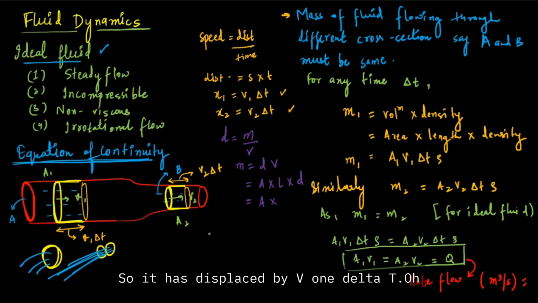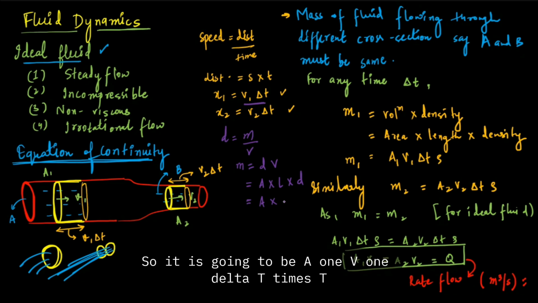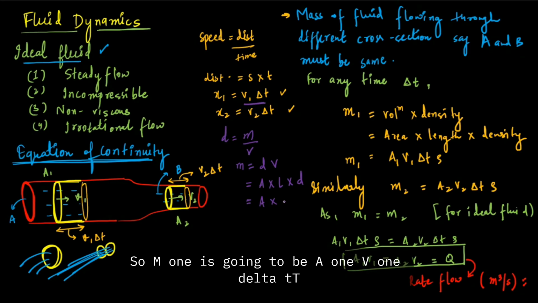So it has displaced by V1 delta T for the first layer. So it is going to be A1 V1 delta T times density. As we are observing the change for a similar time, that is delta T, for both the layers, M1 is going to be A1 V1 delta T times rho.